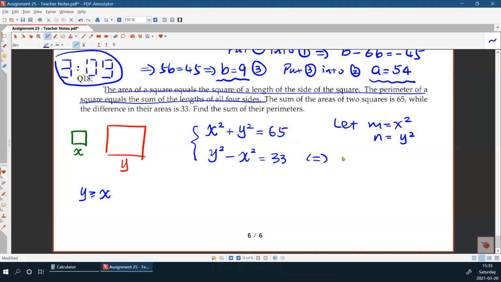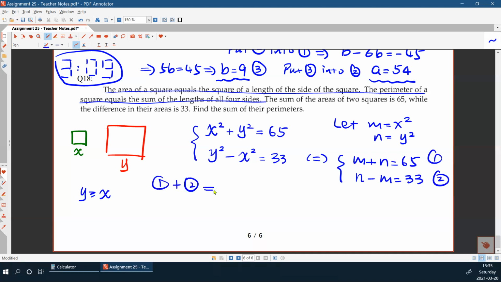So the original equations are equivalent to m plus n is 65 and n minus m is 33, right? And then you can use equation 1 plus equation 2 to get 2n equals 98. So that means n is 49, right?